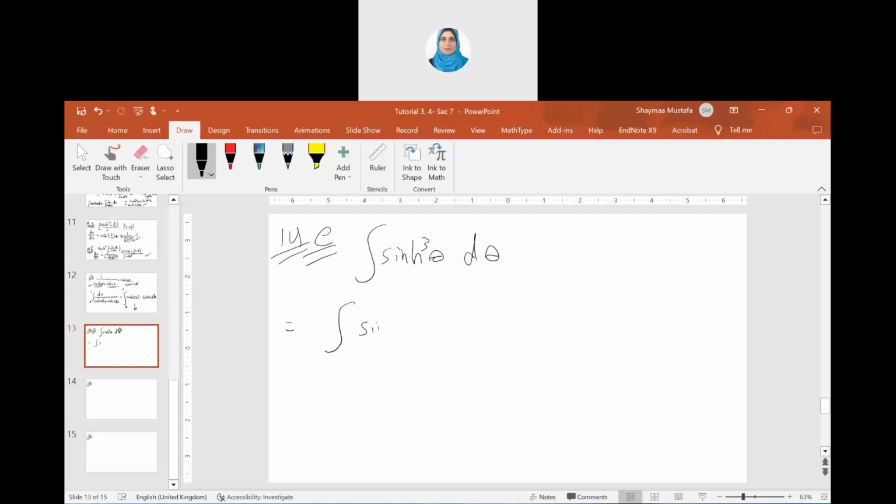Sine cube is sine square theta times sine theta d theta. And sine square theta from the identity cos square plus sine square equals 1 is cos square theta minus 1, times sine theta.